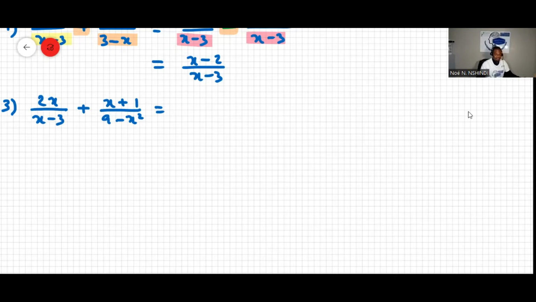But before we do, you notice that 9 at the denominator here is a square number. It's like 3 squared. Okay, so we have a difference of two squares here, 3 squared minus x squared, and the difference of two squares we've seen when we have a squared minus b squared. This is equal to a minus b times a plus b.